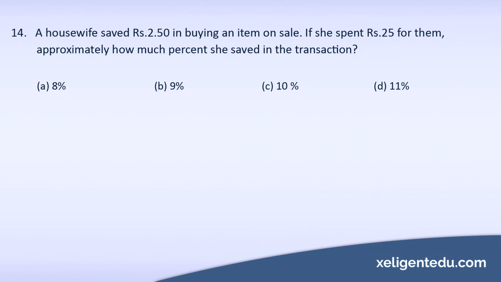A housewife saved rupees 2.50 in buying an item on sale. If she spent rupees 25 for them, approximately how much percent she saved in the transaction? Option A 8%, option B 9%, option C 10%, and option D 11%.